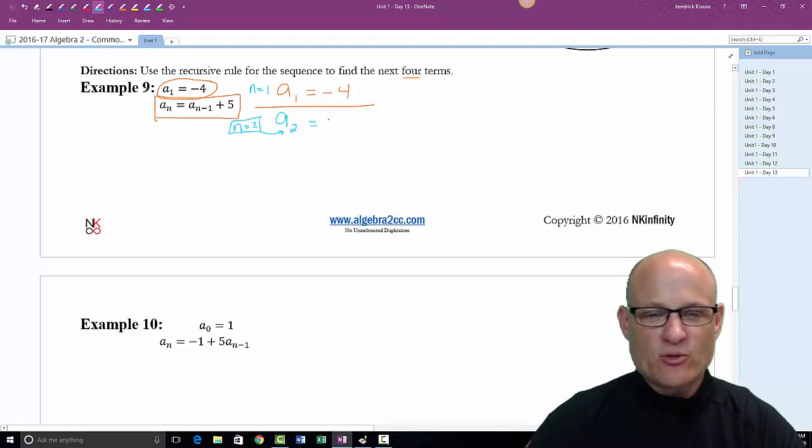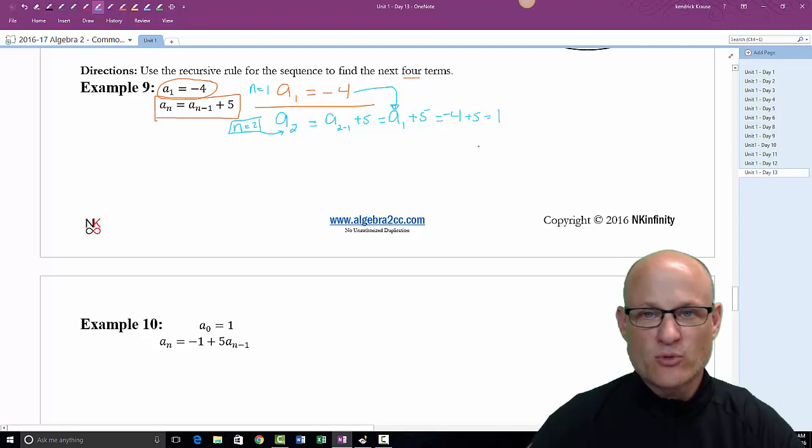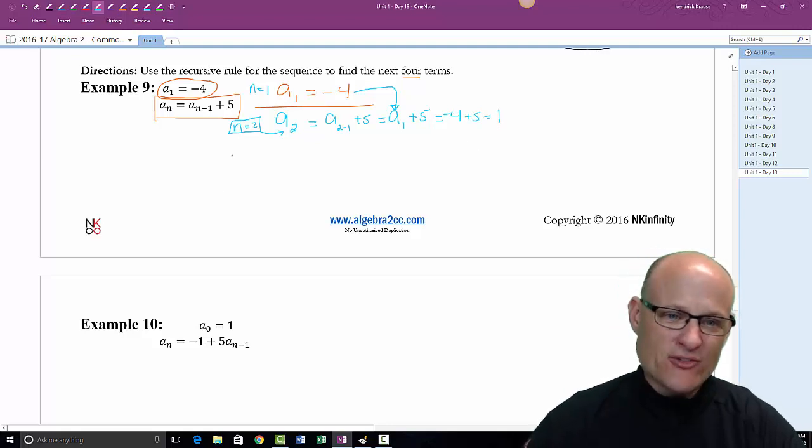So that's equal to a sub 2 minus 1 plus 5. Well, what is 2 minus 1? That's a sub 1 plus 5. Well, isn't this a sub 1? Yeah. So this really becomes just negative 4 plus 5, which is positive 1. So now n is 3.